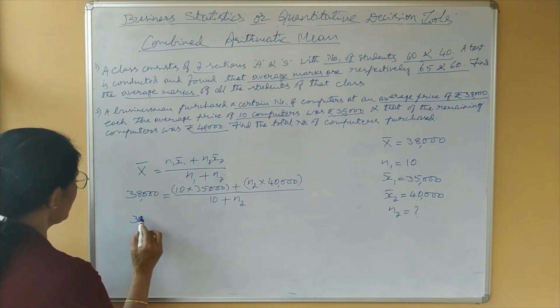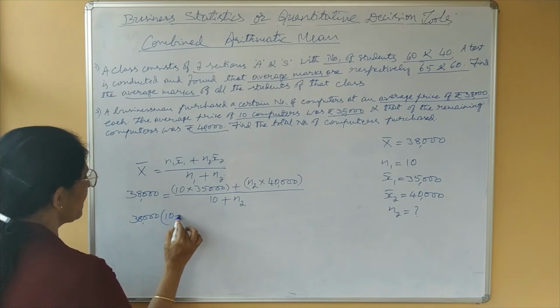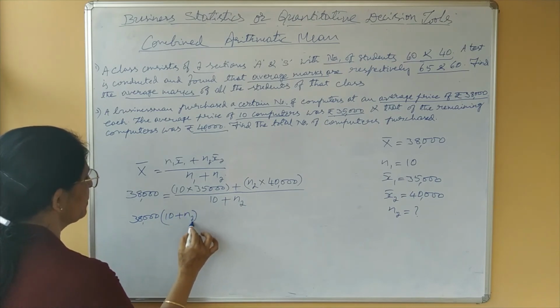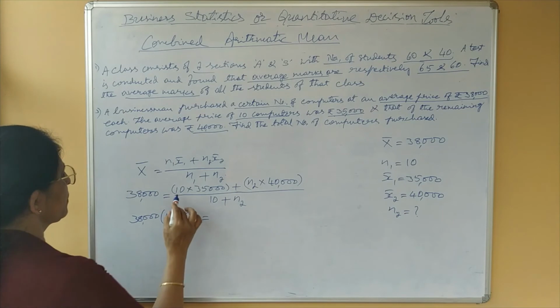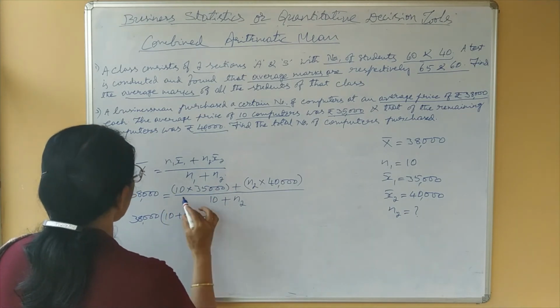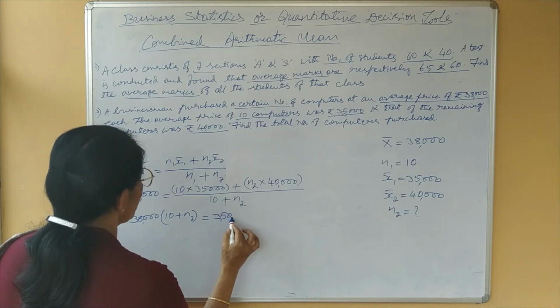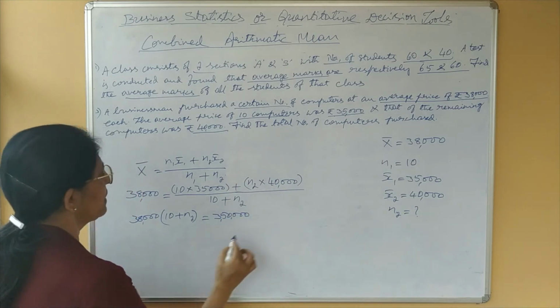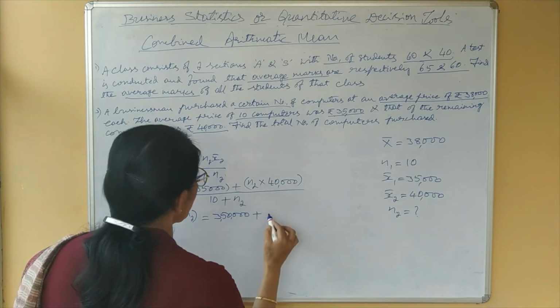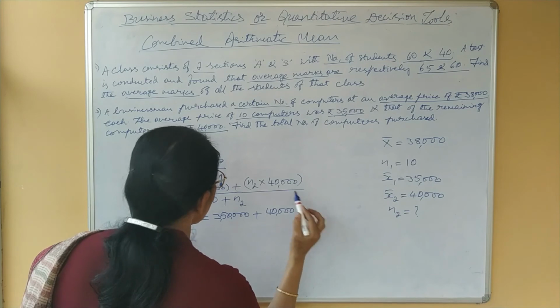Then 38,000 into 10 plus n2 equals 10 into 35,000, that is 3,50,000, plus n2 into 40,000, 40,000 n2.